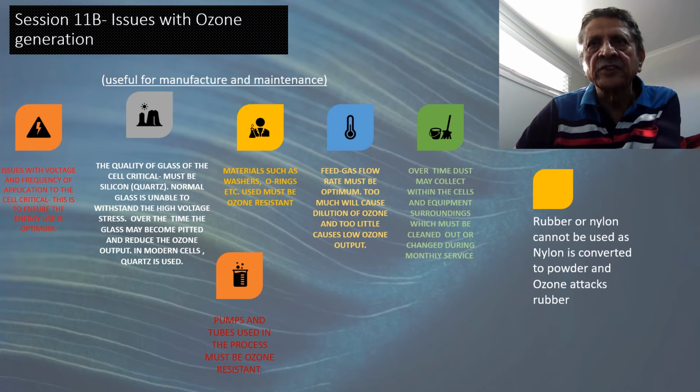The pumps and tubes used in the passing of the ozone gas or ozone air mixture must also be ozone resistant. Nylon, for example, cannot be used. It deteriorates into powder. Rubber cannot be used as ozone attacks rubber.